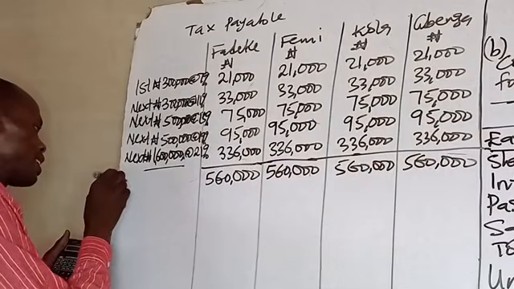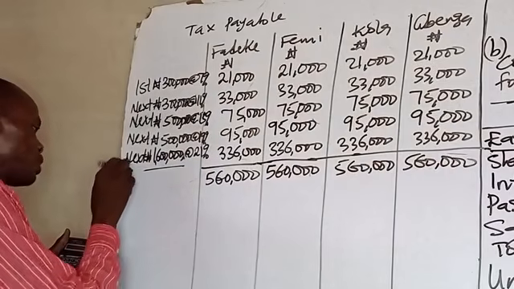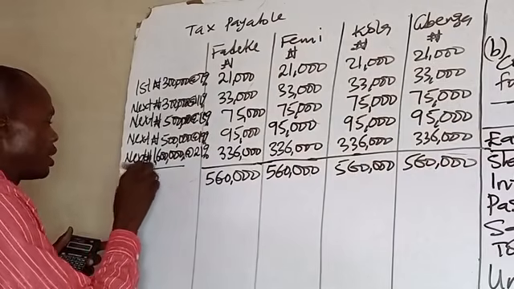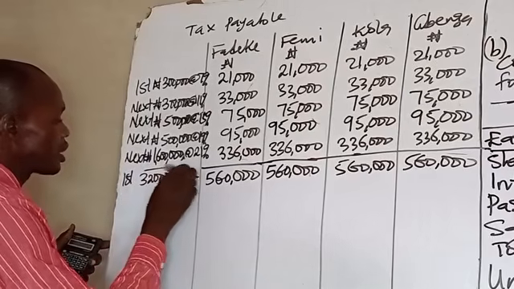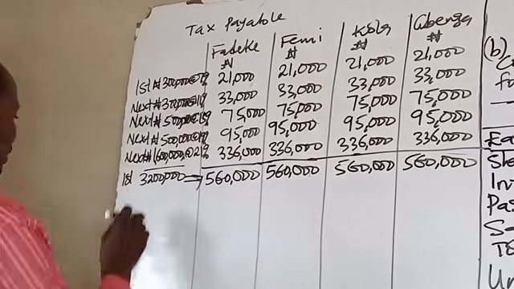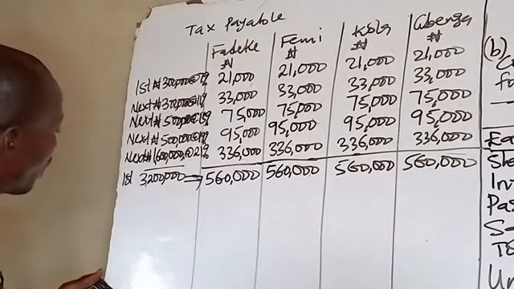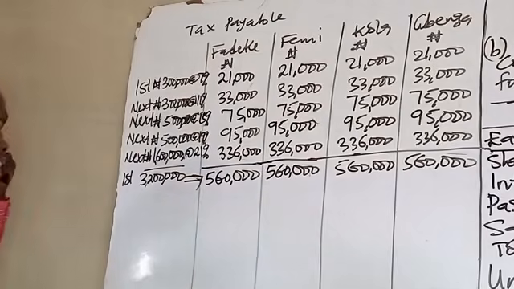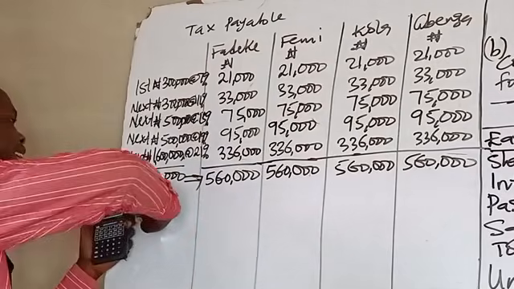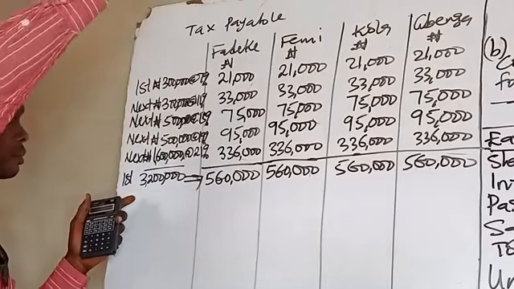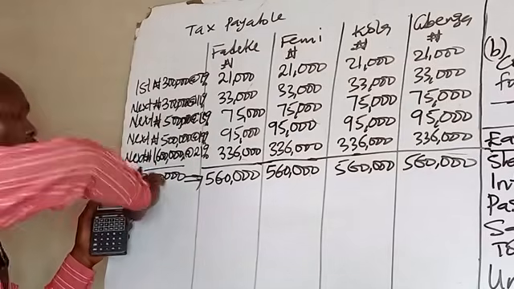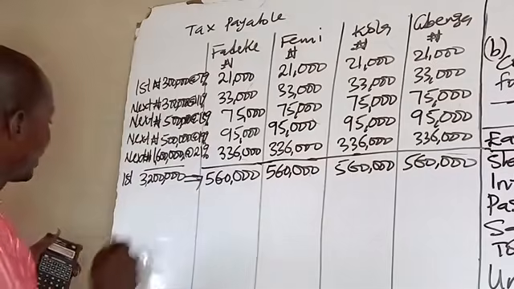That is the first 3.2 million, which gives us all these taxes. They've taxed 3.2 million. Then anything above 3.2 million will be taxed at 24%.